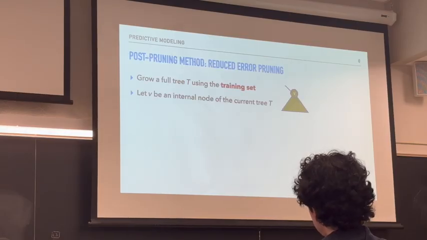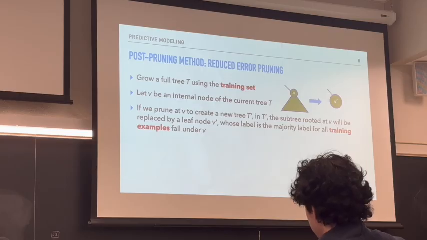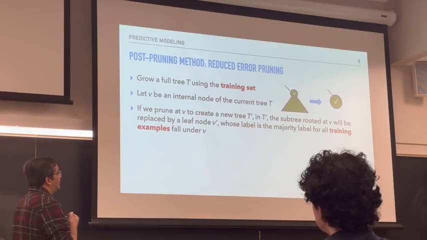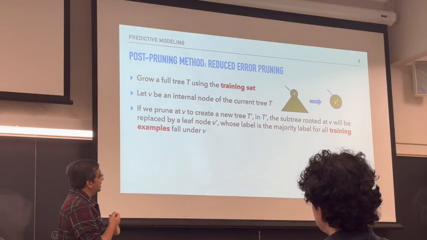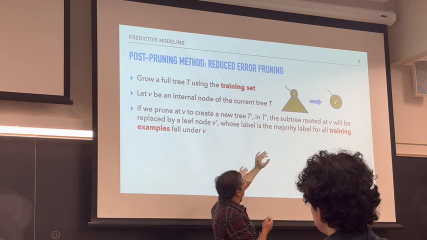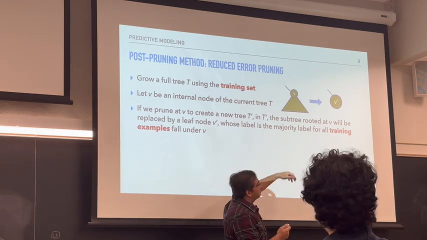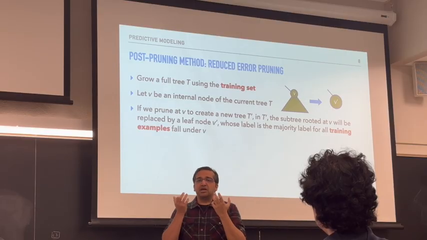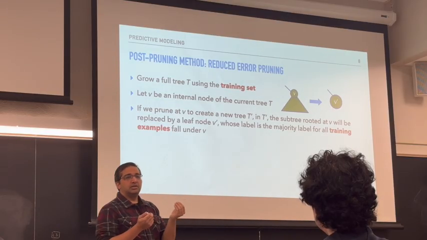So here is a particular example of whether we should prune or not. The idea is that you have built the whole tree, and pruning means that you collapse the entire subtree into a single node, right?